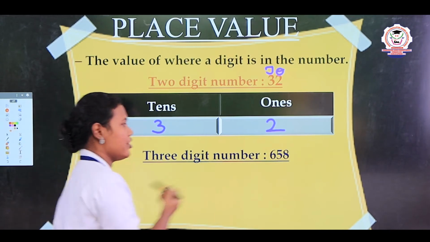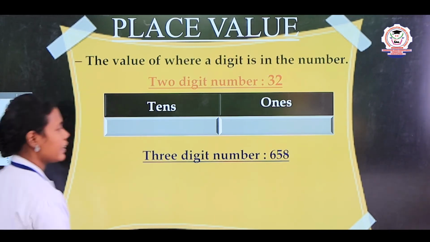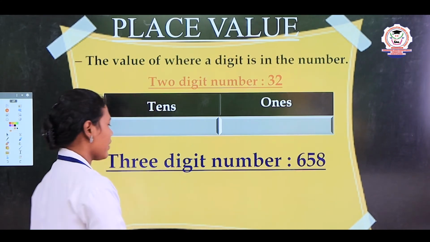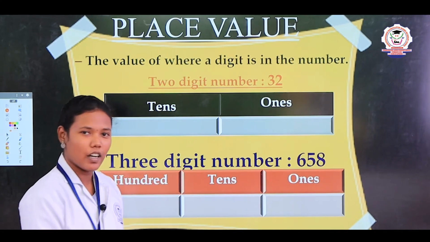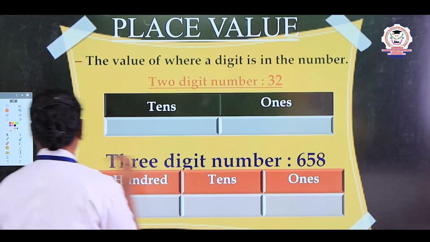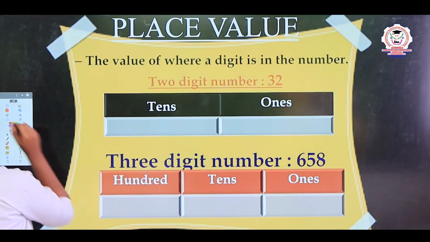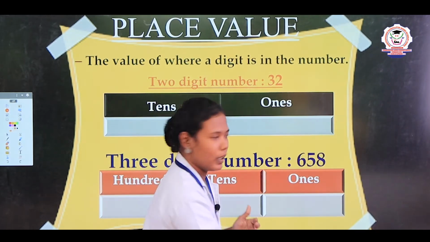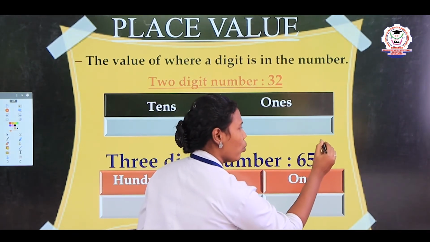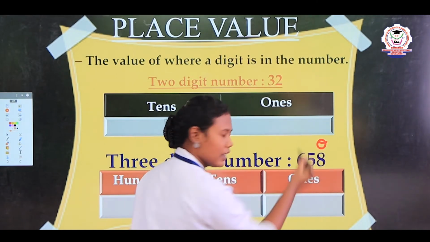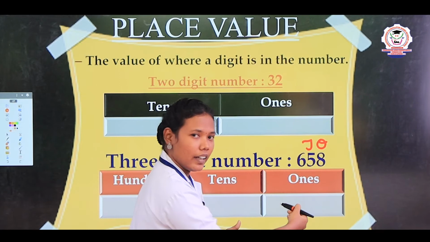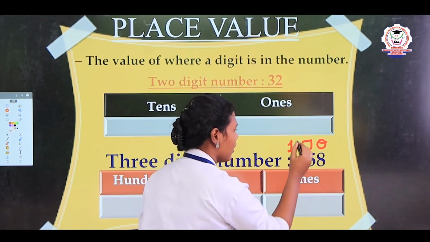As such, this follows in a 3 digit number. We have a 3 digit number, 658. Shall we write the place value of this number? It has 3 digits, so as I told you, take the right side of the number. 8 is ones, after this tens, and then hundreds.